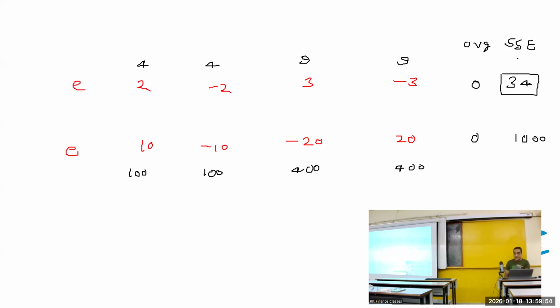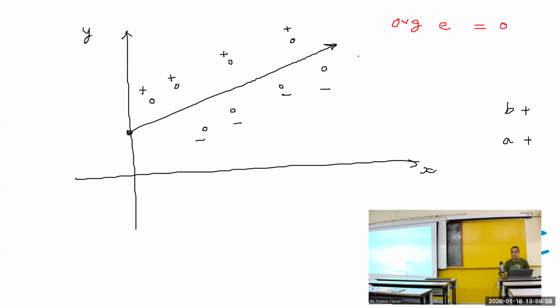The second thing is average value of error is 0 and sum of square of error. Error लिया, उसका square किया, उसका sum किया, should be least, should be lowest. And hence this regression is also called least square regression, LSR. I repeat, some errors are positive, some errors are negative. Average value of the errors is 0.